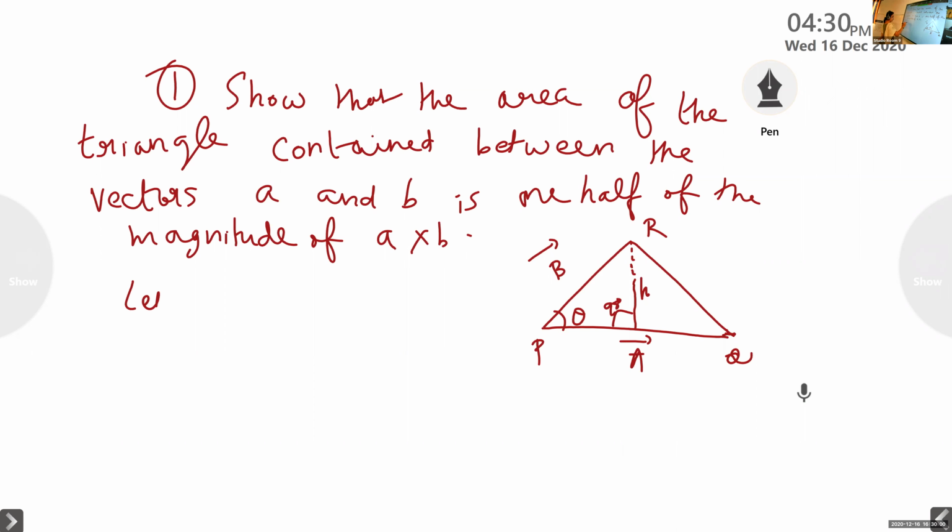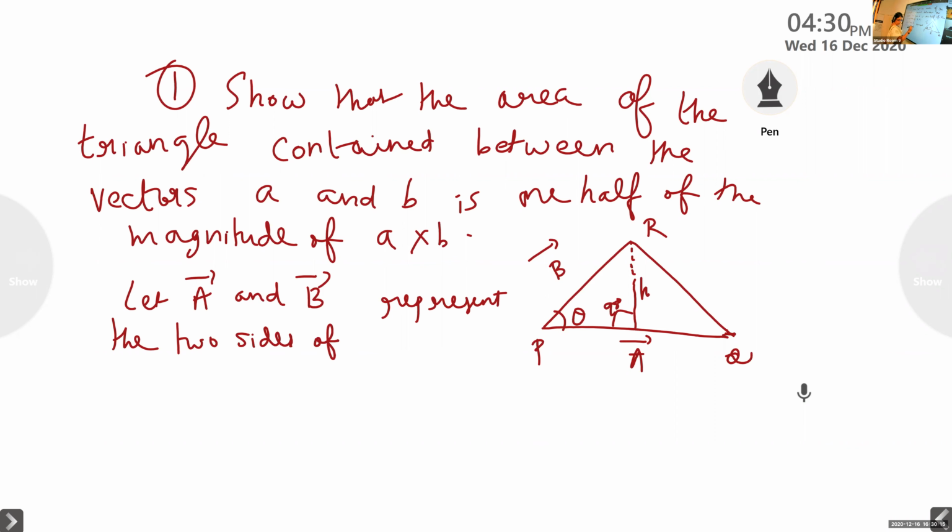So let vector A and vector B represent the two sides PQ and PR of a triangle PQR.